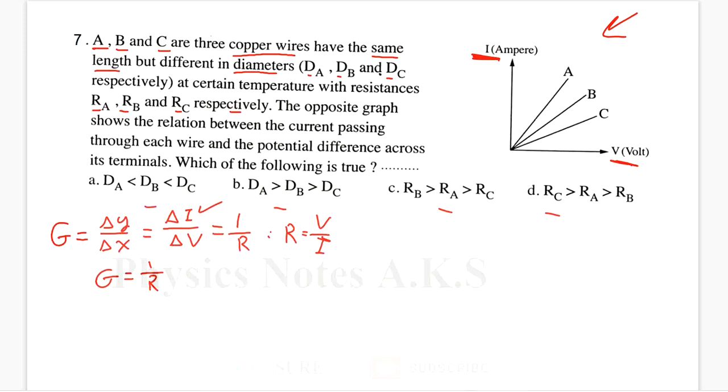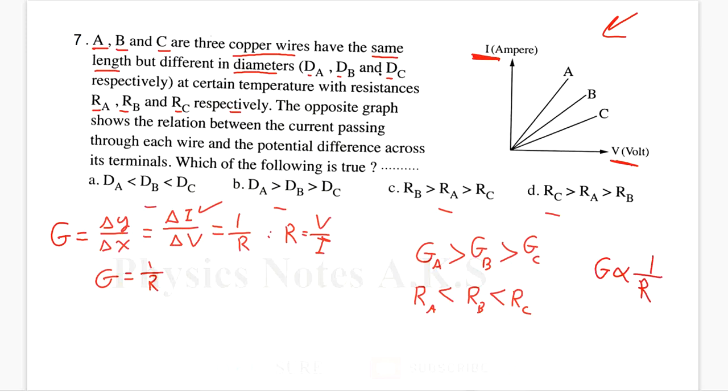We notice from the graph that gradient of A is bigger than gradient of B, which is also bigger than gradient of C. So this means that resistance of A is smaller than resistance of B, which is smaller than resistance of C, because we just agreed gradient is inversely proportional with the resistance.